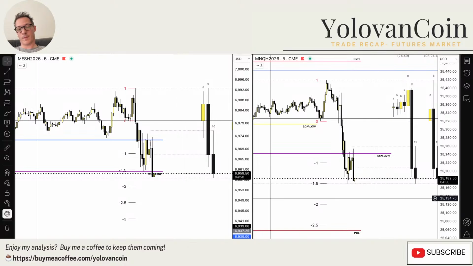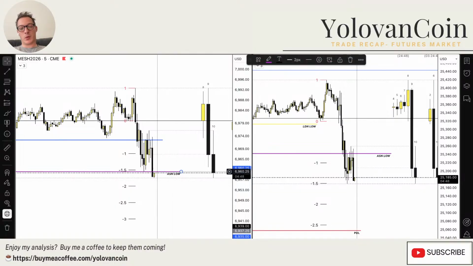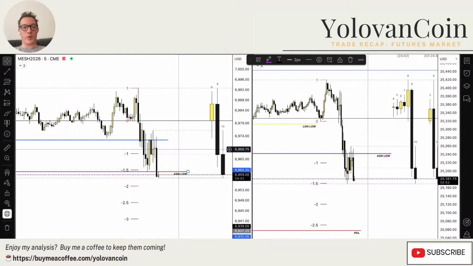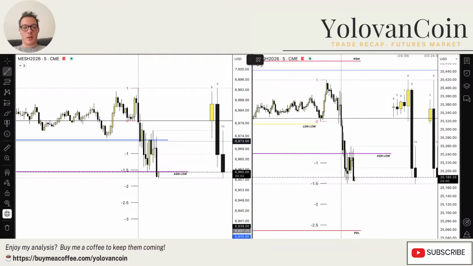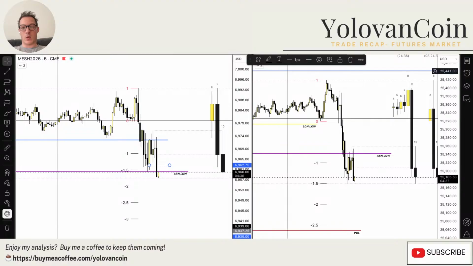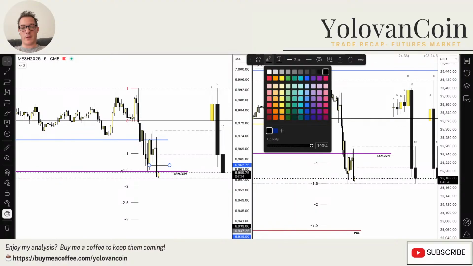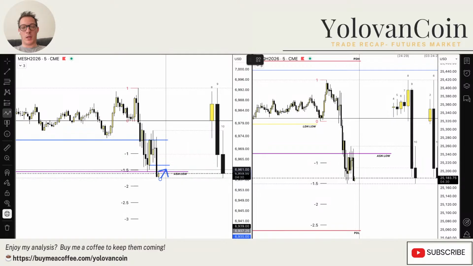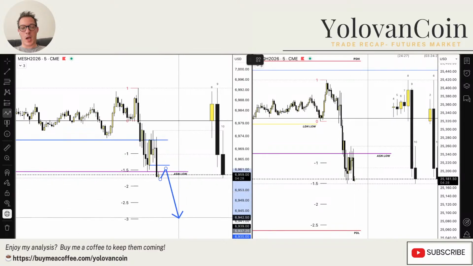So, and now if the price wants to go lower, then Asian low should support the bearish move on the M5. Why? Because down move, up move, this one is a latest order block on the M5. So if the price wants to go lower, this is the area where it should happen.